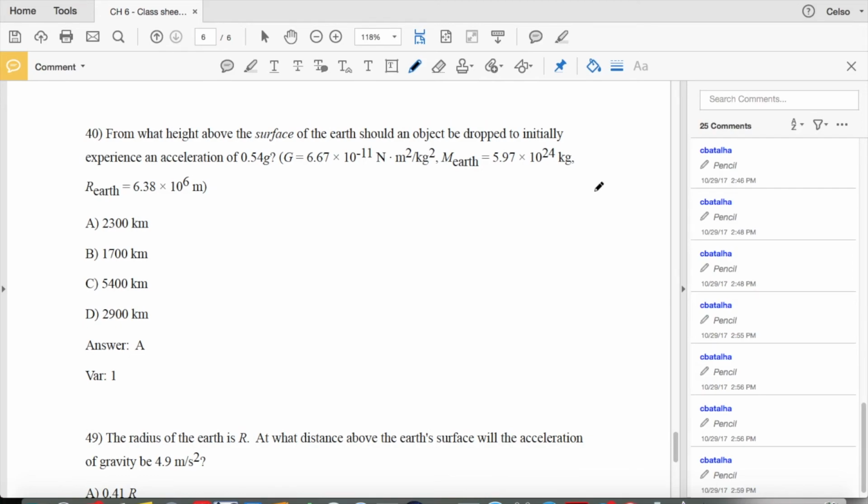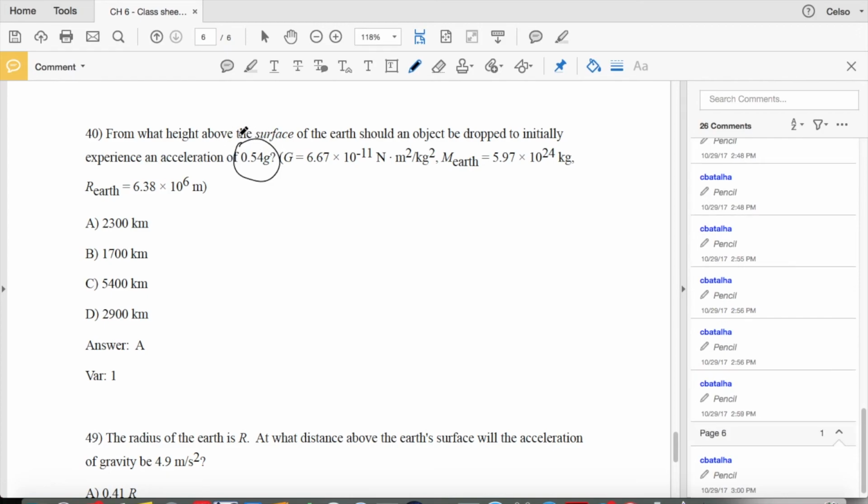From what height above the surface of Earth would an object be dropped to initially experience an acceleration given by that? Well, you have the mass of Earth, you have some object in there, and then you drop it. As you drop the object, it has a force Fg. Since it's away from Earth, it's not mg.